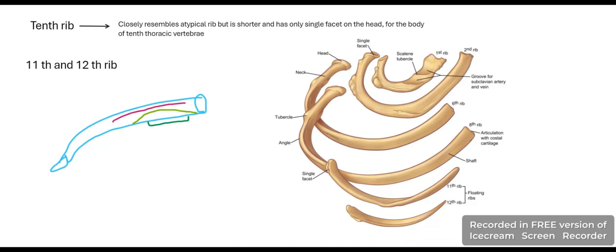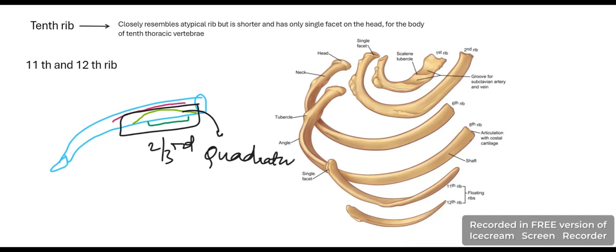This light green color is the quadratus lumborum, and below this, the fascia covering the quadratus lumborum is also attached to this part of the rib.